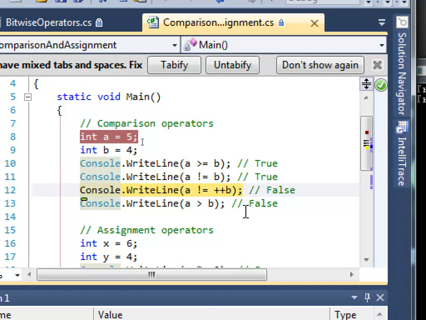The plus plus operation is before B, and it will assign the value of 5. So B will become 5 before we check the condition. So first of all, B will become 5, and then we'll check whether A is not equal to B. And since now A is equal to B, we'll get a false here.